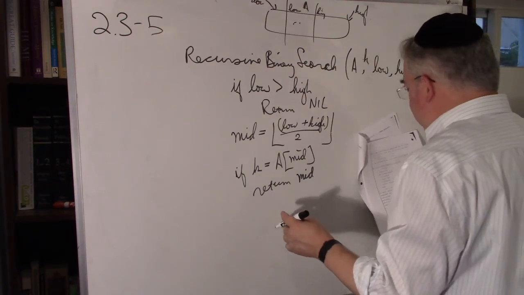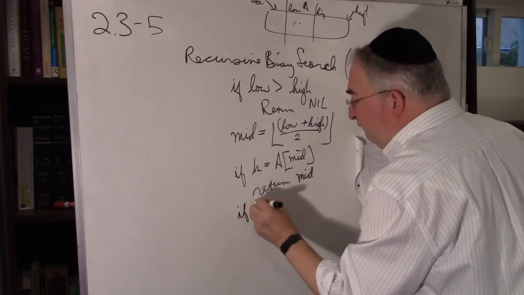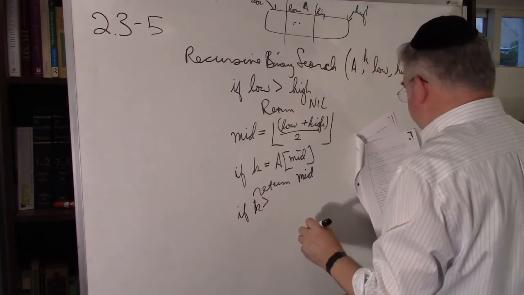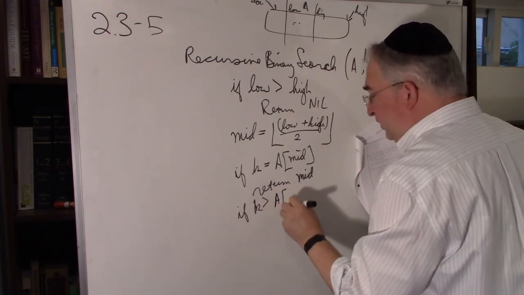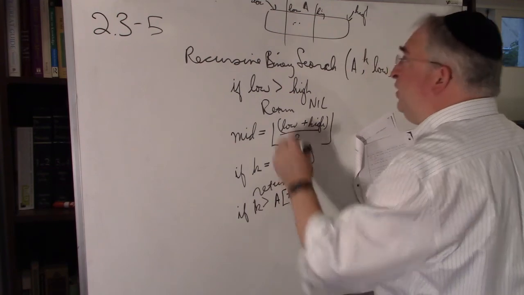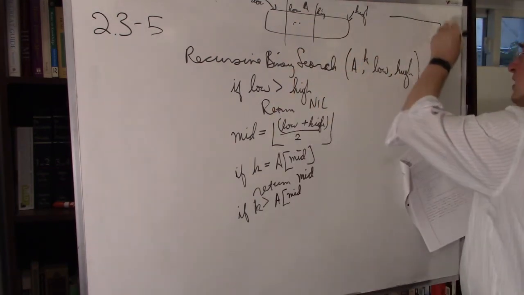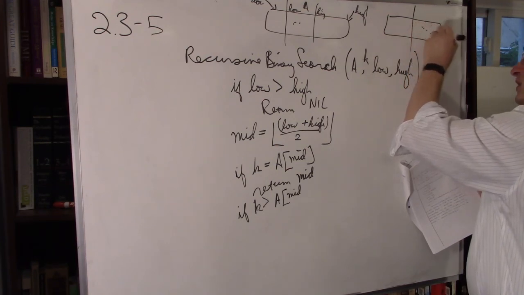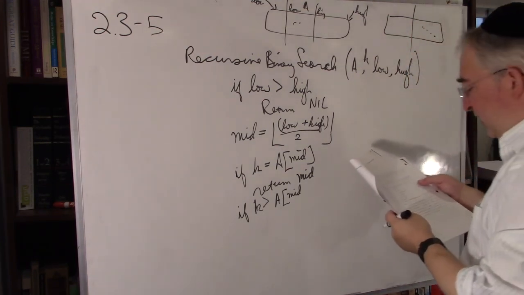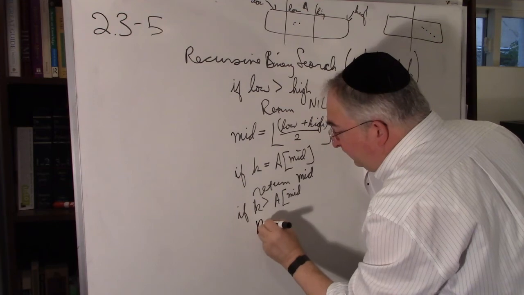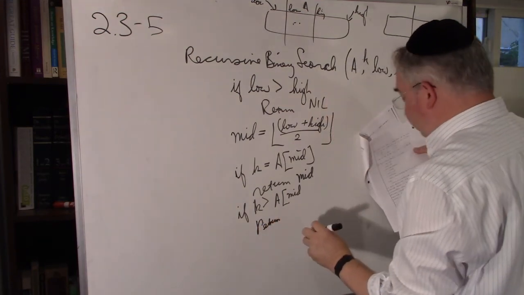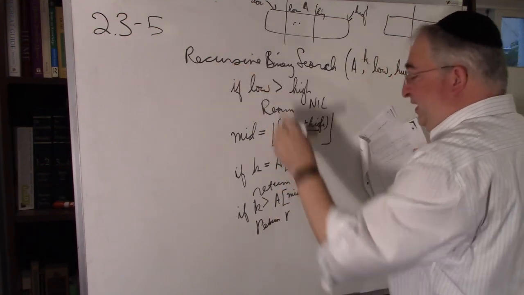Otherwise, if K is more than A of mid, so we have an array, we check the midpoint and we see it's on this side, then return the exact same algorithm.